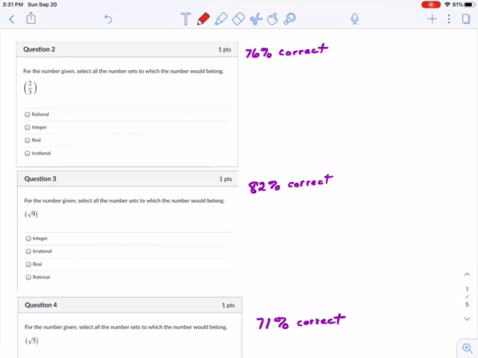For the number given, select all the number sets to which the number belongs. So 2/3. I'm not necessarily going to go over the answers specifically to all of these, but an irrational number is a decimal number that goes on forever without repeating.